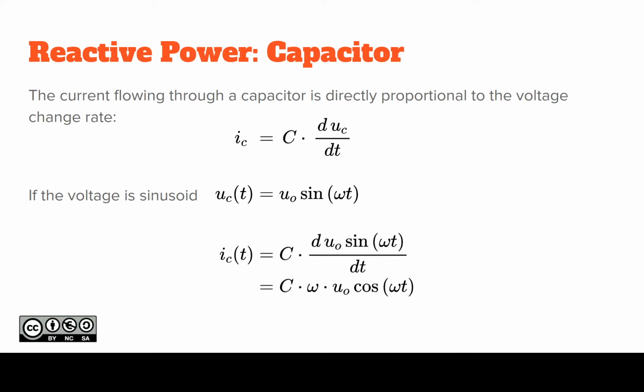Then you just differentiate that by time, and then you get the current equals that capacitance. Okay, the larger the capacitance, the bigger the current. Also, the higher the frequency, the bigger the current. So remember, if the omega is 0, then it blocks the current flow. So the DC doesn't flow through the capacitor. And then it has the cosine instead of sine.